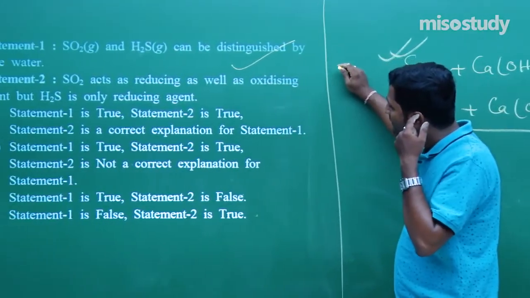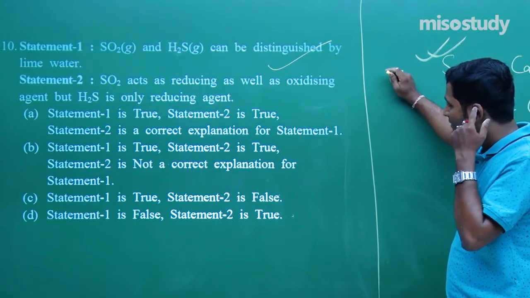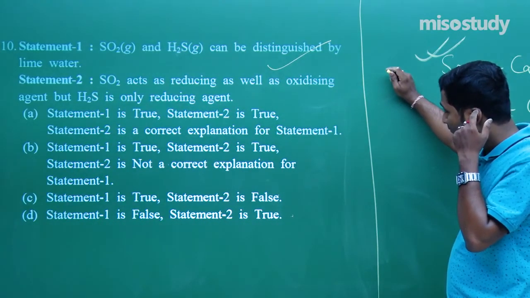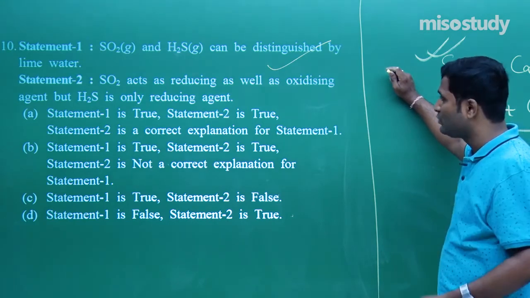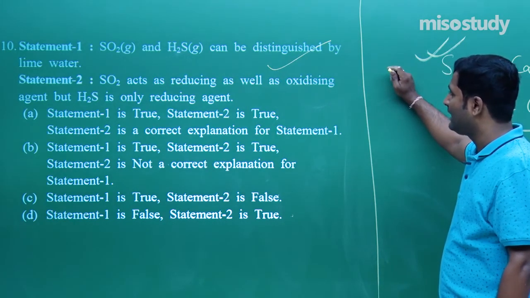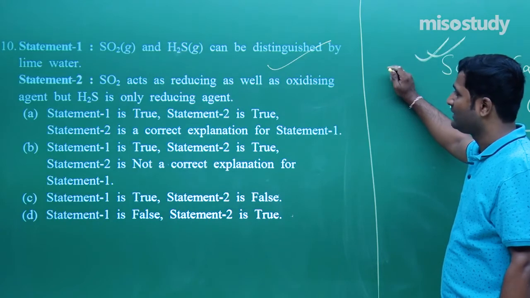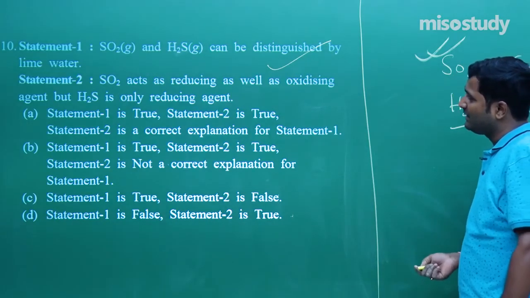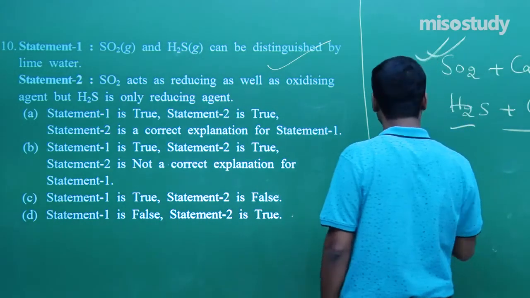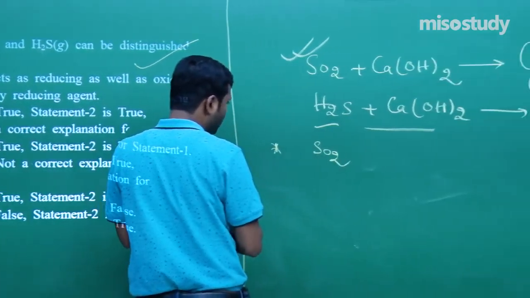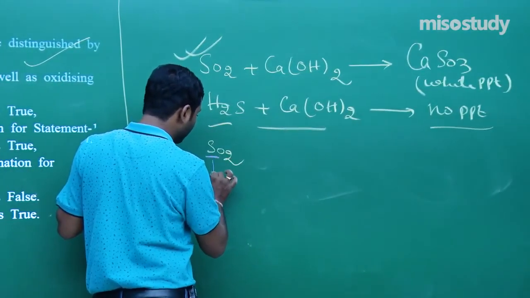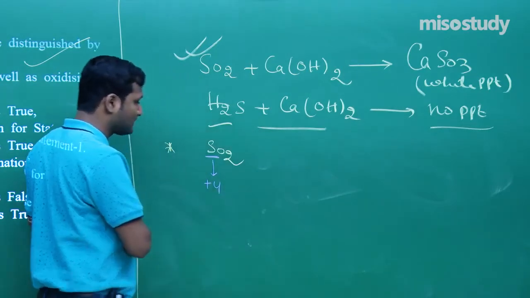Okay. Now the next one: SO2 acts as a reducing agent as well as an oxidizing agent, but H2S is only a reducing agent. Check it out. If I talk about the oxidation state of sulfur in SO2, it is +4.